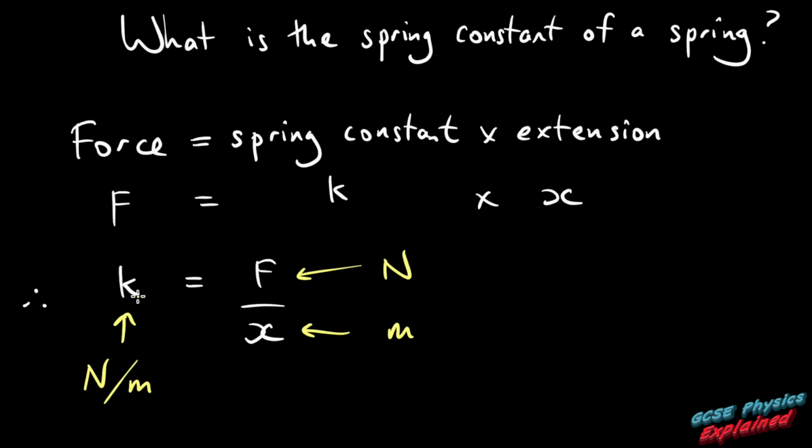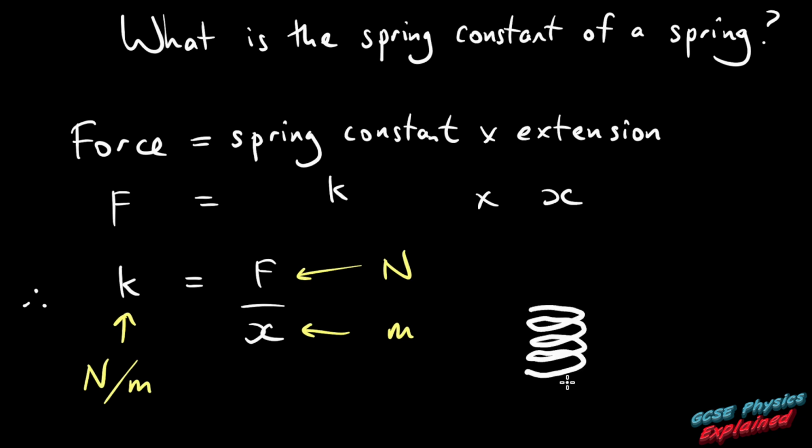So in other words, the spring constant tells you how many newtons of force you need to put onto the spring to make it stretch by a certain amount, and we usually say per meter. So how many newtons it takes to stretch the spring by a meter. Now you might get some springs that are pretty thick.